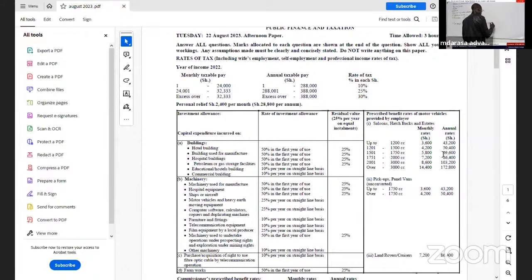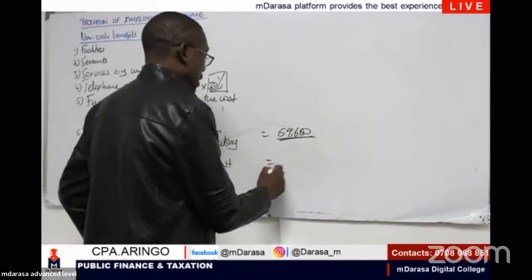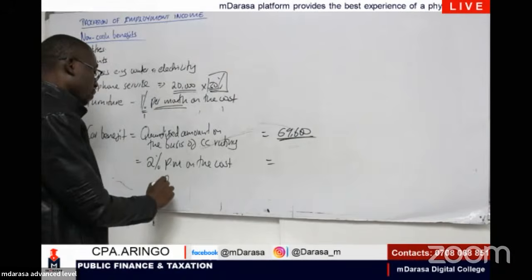So that will be our CC rating amount, 69,600, which you can clearly see there. Assuming 1600 cc, the annual amount is 69,600, whereas monthly it is 5,800. In that case, we are going to compare with 2% per month on the cost of the motor vehicle, assuming the cost of this motor vehicle was 2 million.